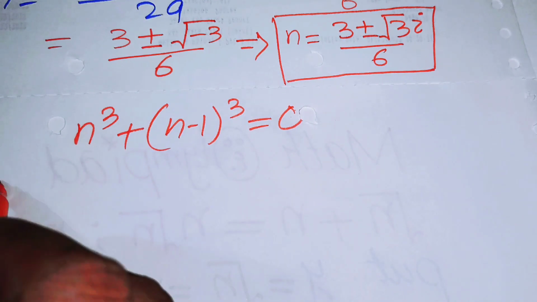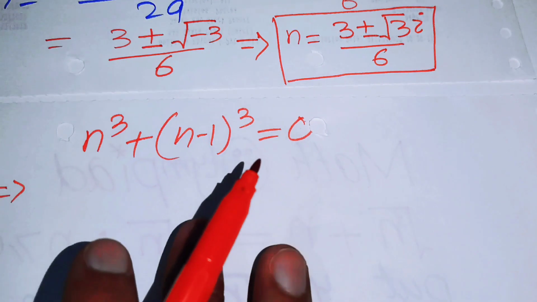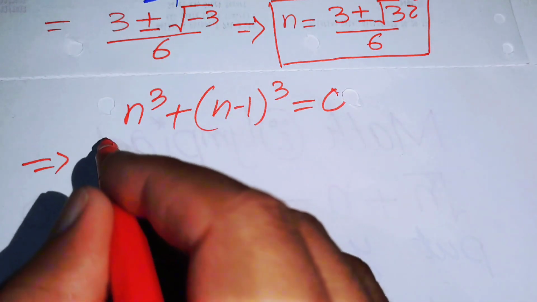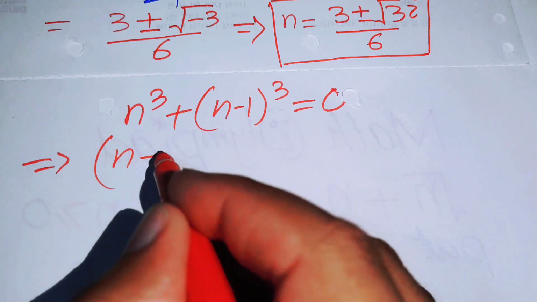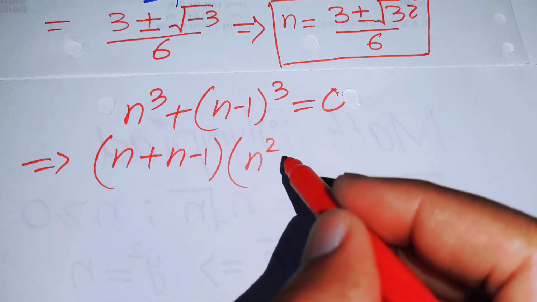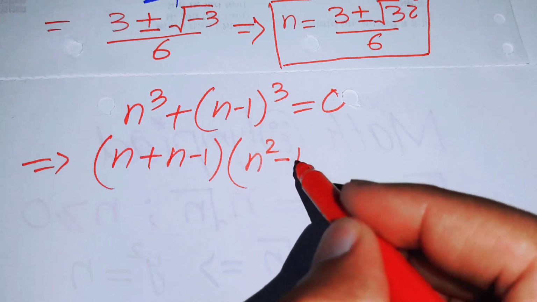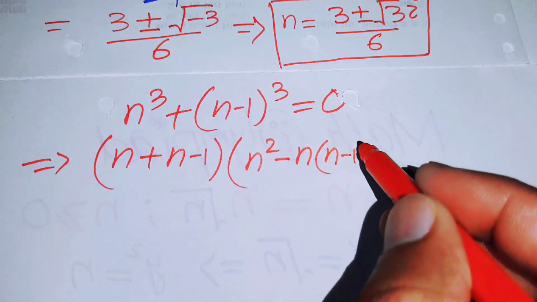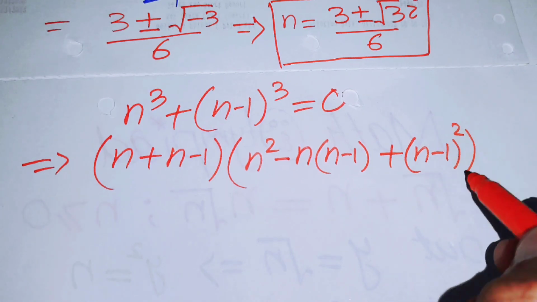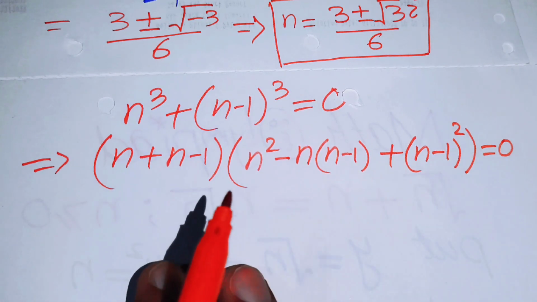Here we can apply the cubic formula and you will get its output in the form: x plus x minus 1 times x squared minus x times (x minus 1) plus (x minus 1) whole squared, and this is equal to 0.